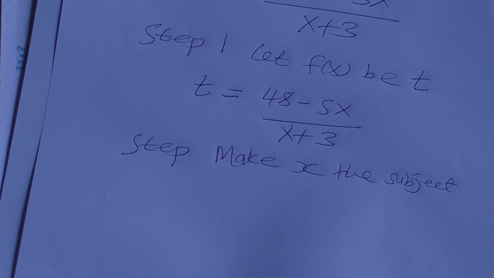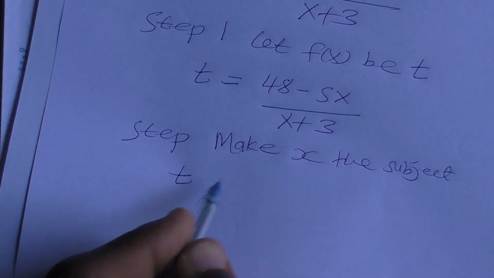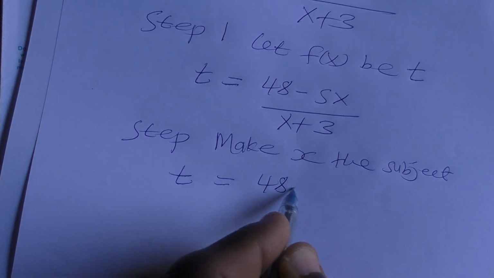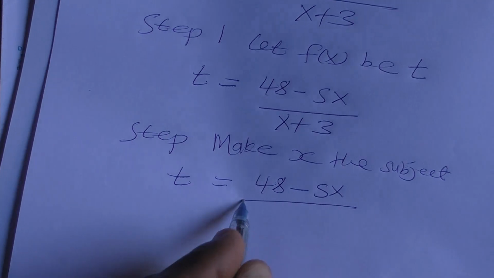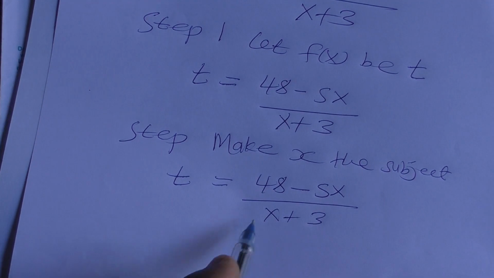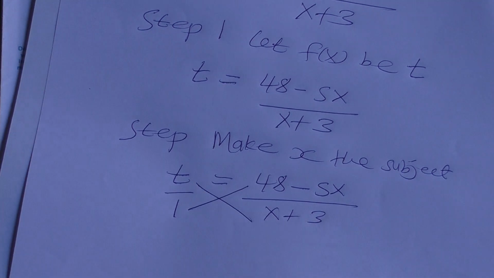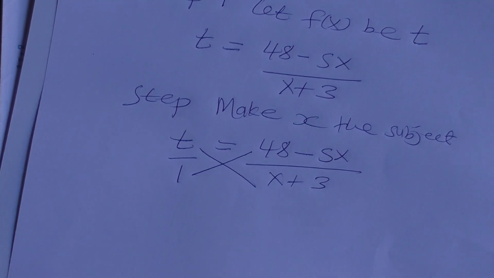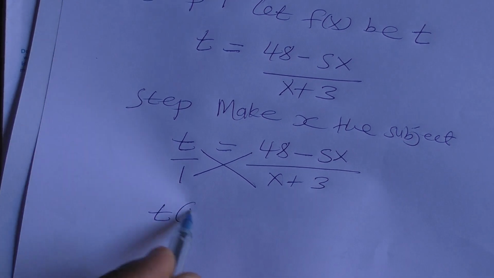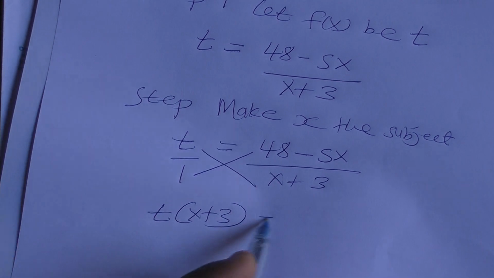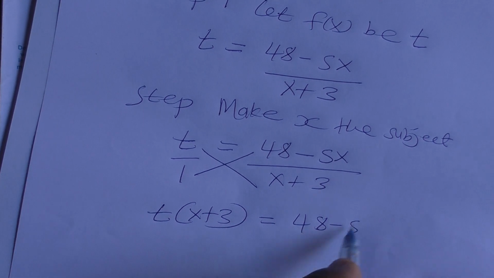So in making x the subject, this is t equaling 48 minus 5x over x plus 3. So this is a fraction. We cross multiply, so that we have t into x plus 3 equaling 48 minus 5x.